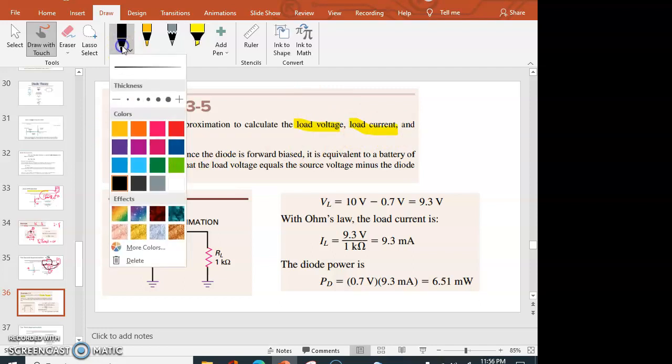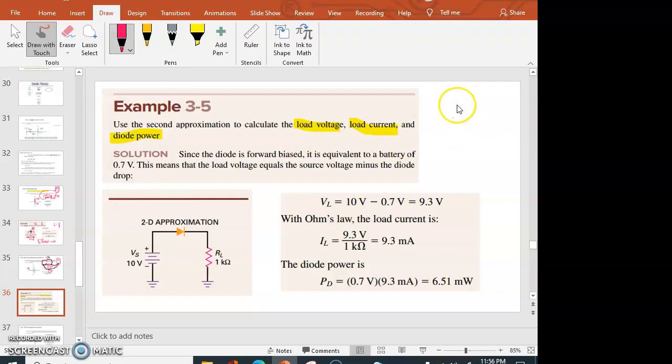Please be reminded that the power dissipated by the diode is simply equal to the voltage across the diode multiplied by the current that flows through the diode.